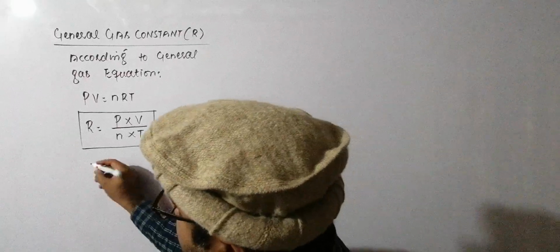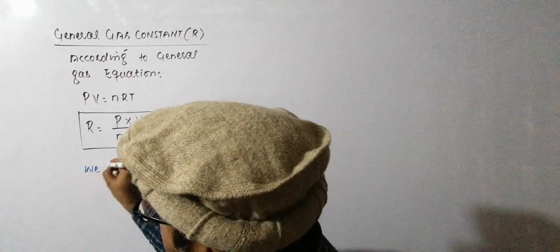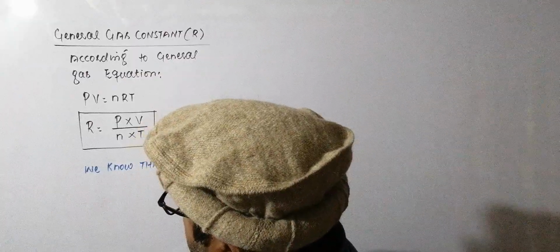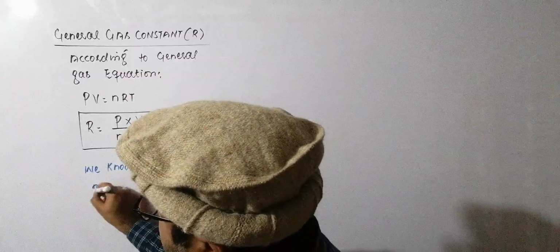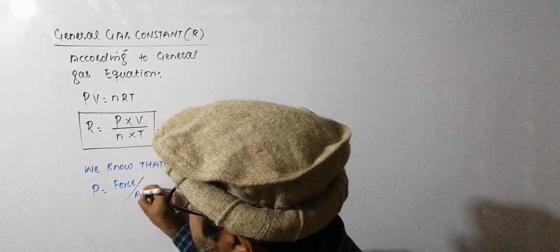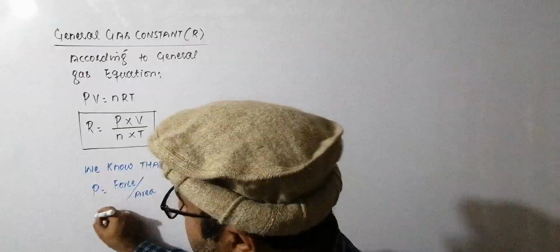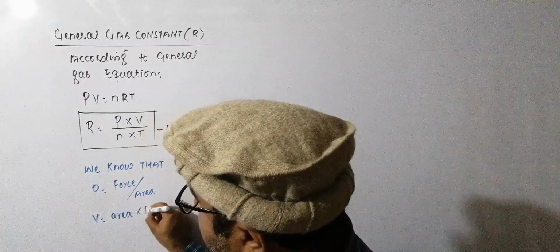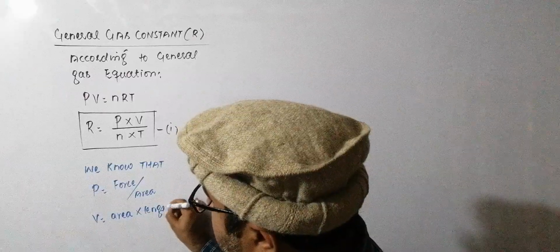Now let us look deeply at what this formula of R means. We know that pressure is force per unit area and volume is equal to area multiplied by length.